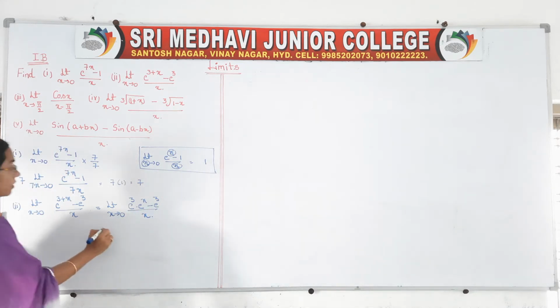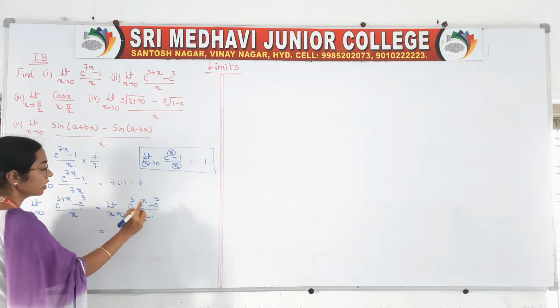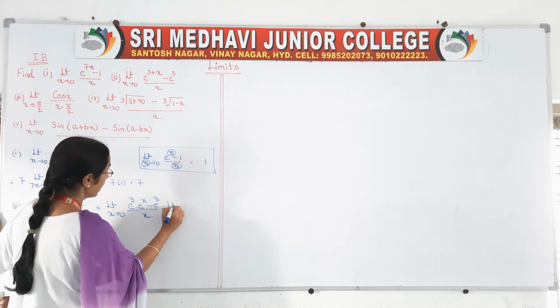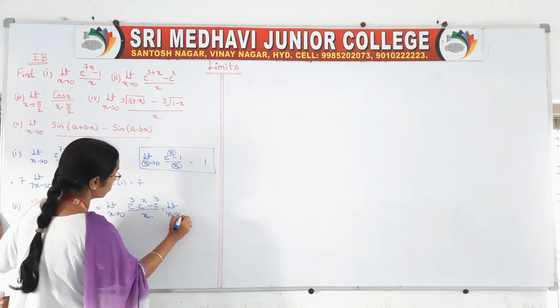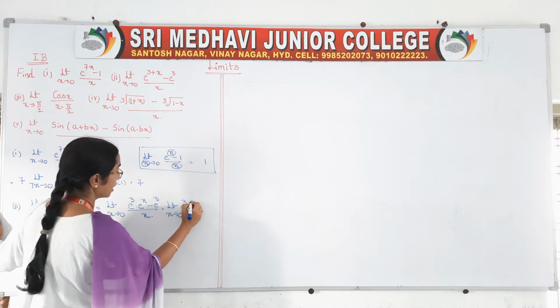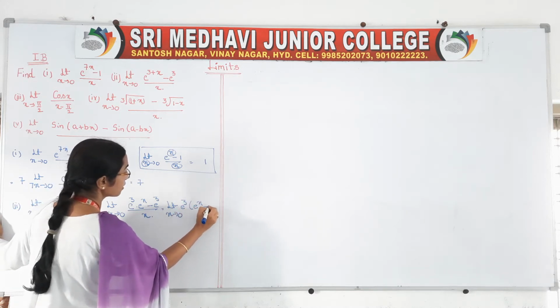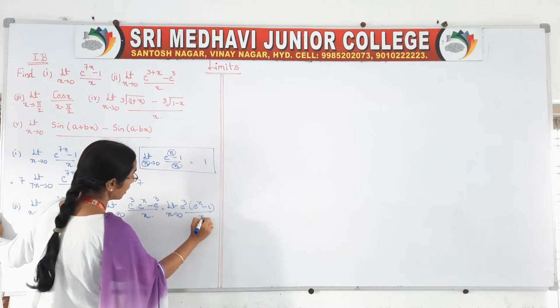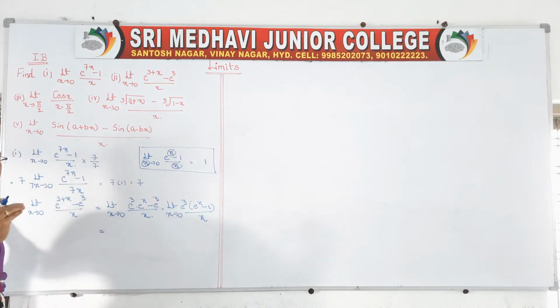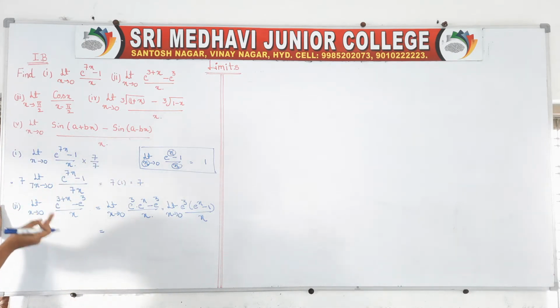So e to the power of 3 is common, isn't it? Limit x tends to 0, e to the power of 3 times (e to the power of x minus 1) by x. If the power is x, it is a variable.